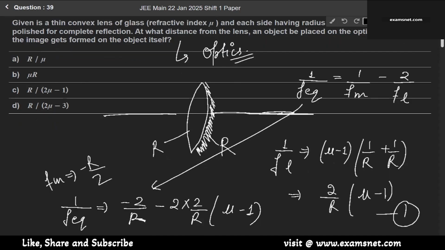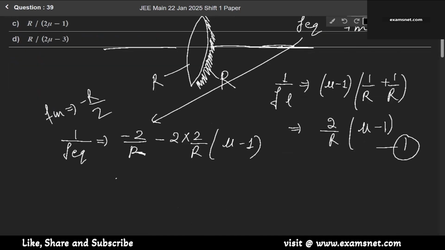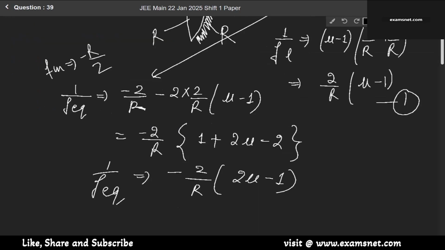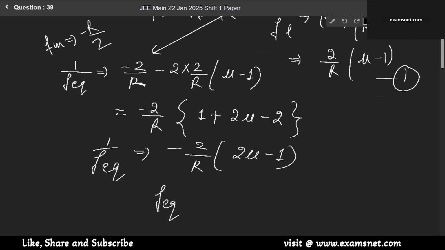So when we solve it, we get minus 2 over R times (1 plus 2 mu minus 2), which equals minus 2 over R times (2 mu minus 1). So 1 over F equivalent is equal to this. So F will be equal to minus R over 2 mu minus 1.